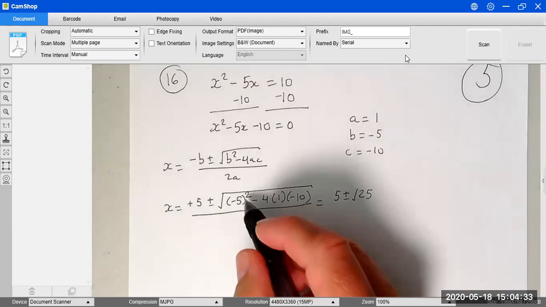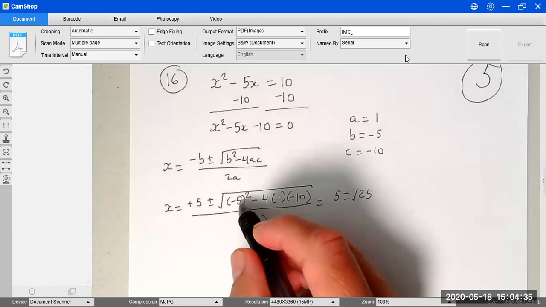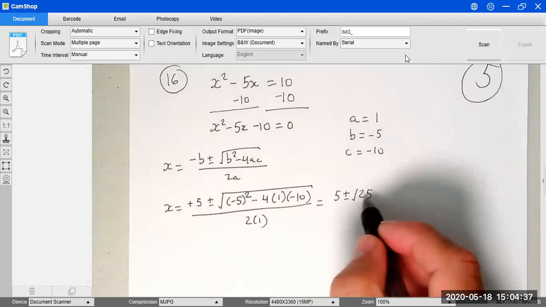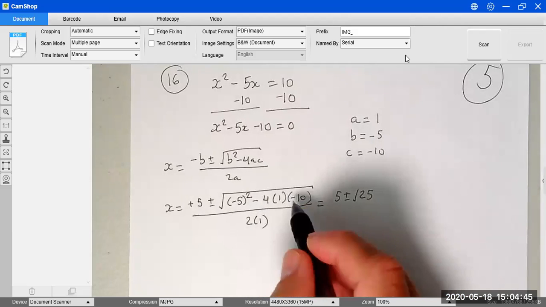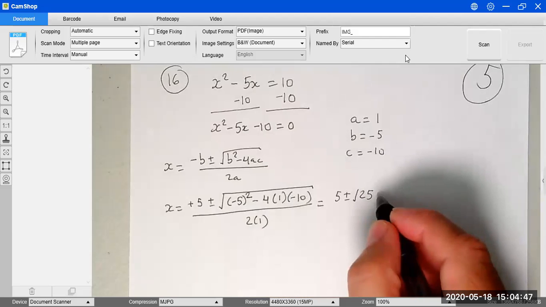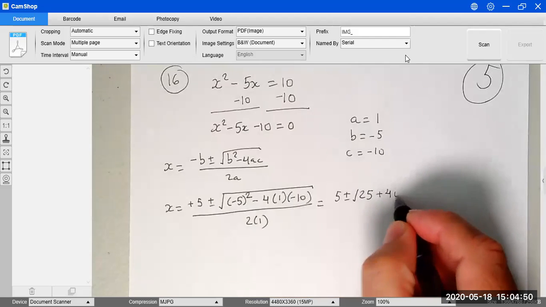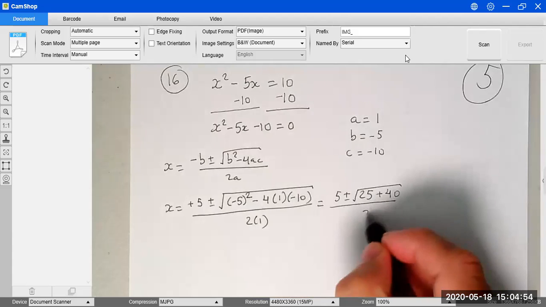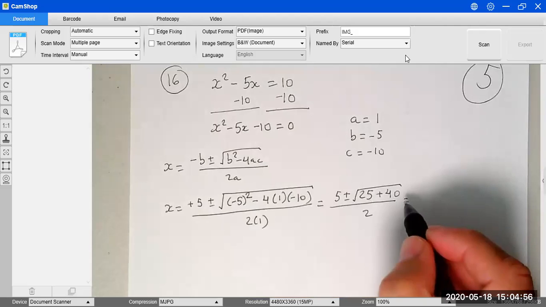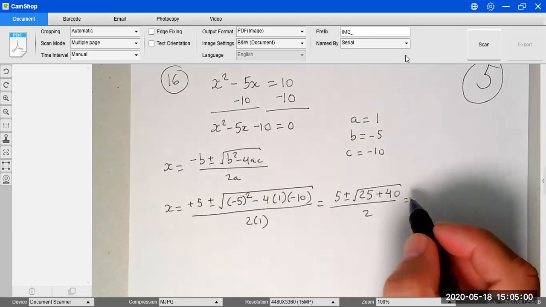Anytime that you square a quantity, regardless of whether it's negative or positive, the result is always positive. So the square of any number, negative or not, is going to be positive. Then -4 times -10 is going to be positive 40. Then over 2. Then we need to simplify the radical.